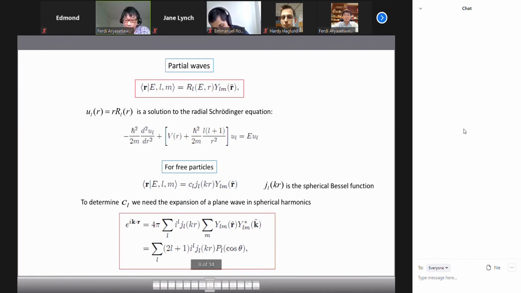This is exactly what you have in an atomic problem, say the hydrogen atom. So it's a general result: if you have a spherically symmetric potential, your solution can be written as a radial function times the Y_lm. The radial function is then the solution to the radial Schrödinger equation.